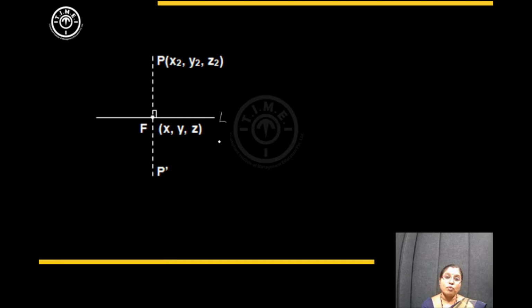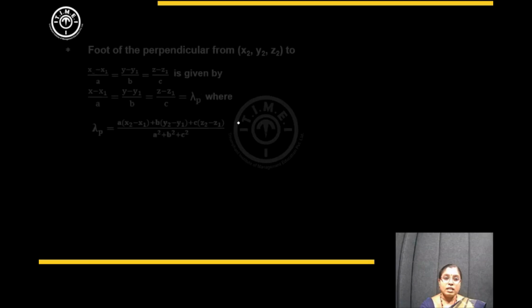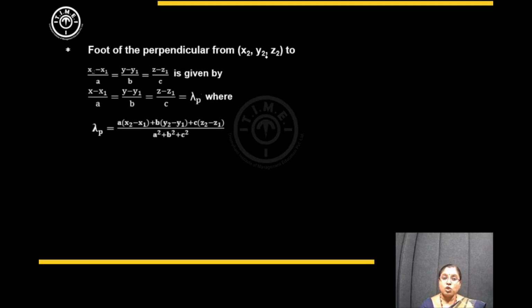So we are trying to find the mirror image as well as the foot of the perpendicular in the easiest way. Let me explain the formula first. Consider the point x2, y2, z2 and the line (x minus x1) by a equal to (y minus y1) by b equal to (z minus z1) by c.